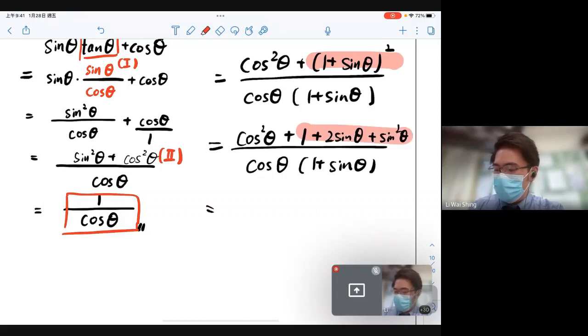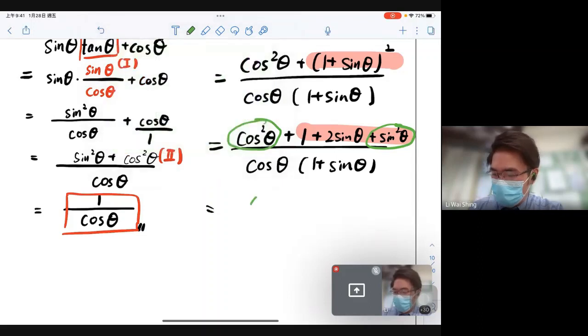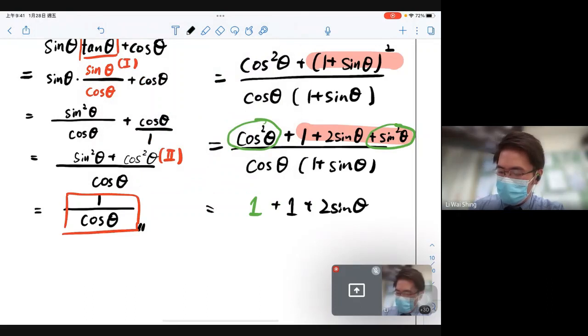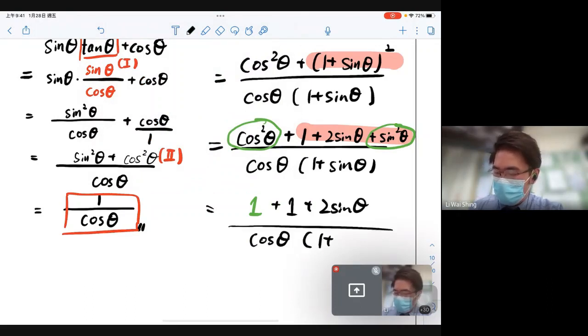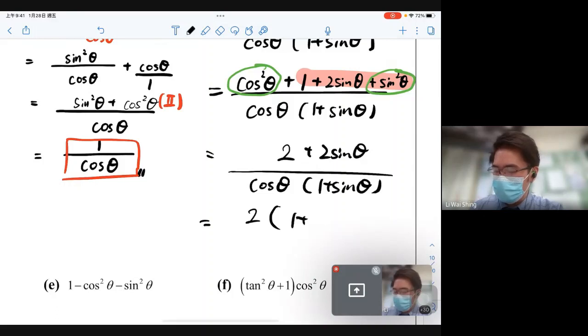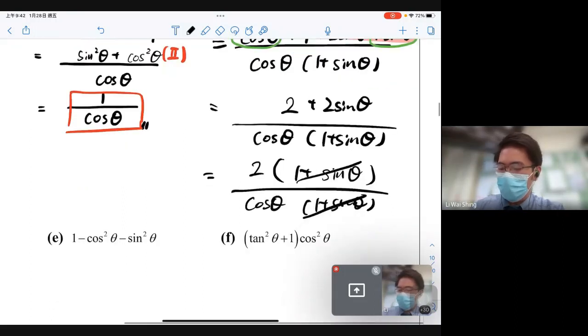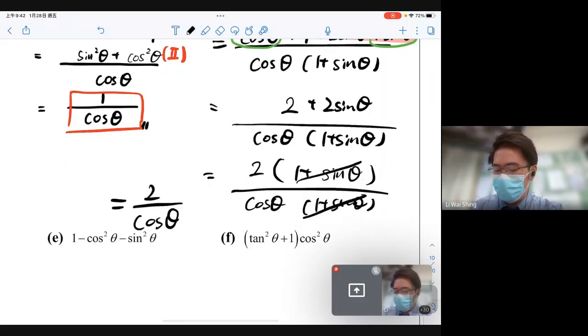As you can see, I have cosine square and sine square, so I can combine them into 1. So 1 plus 1 plus 2 sine theta over cosine theta times (1 plus sine theta). 1 plus 1 is equal to 2. At last, take out the common factor. Then you can simplify it. The answer is 2 over cosine theta. Finished.